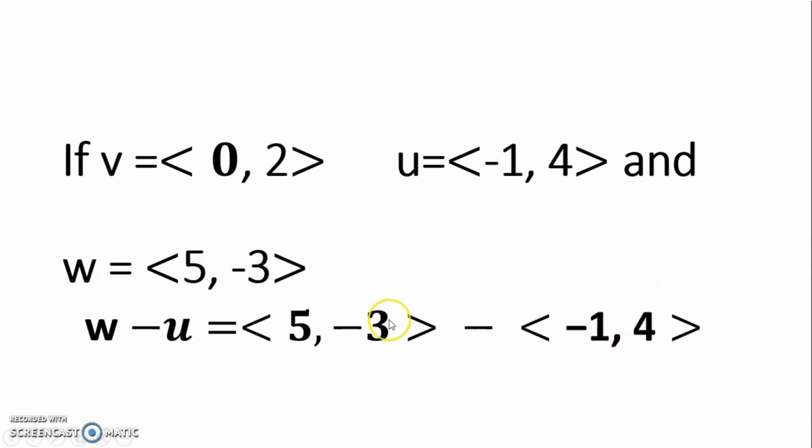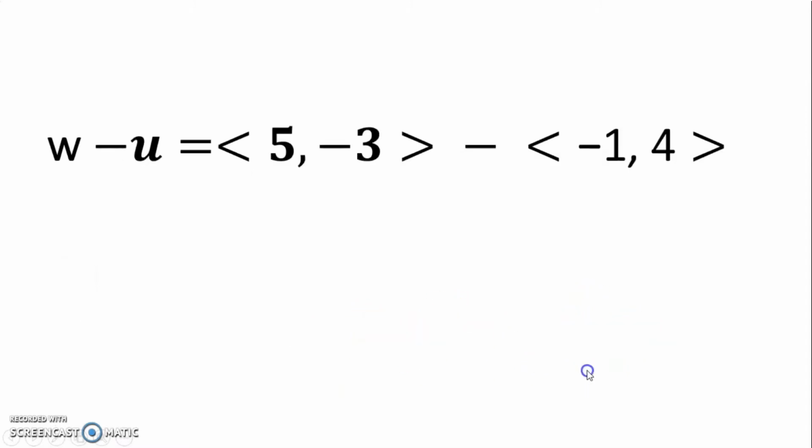Since we have replaced them, I want us to still know that 5 is our x1, -3 is our y1, -1 is our x2, 4 is our y2. So our x1 will subtract our x2, while our y1 will subtract our y2.